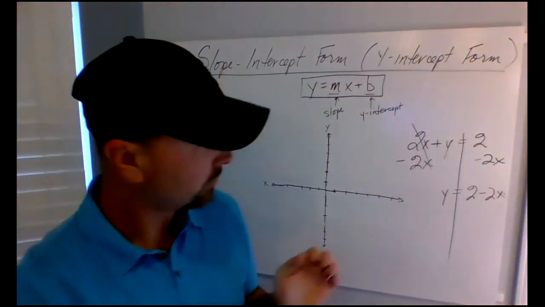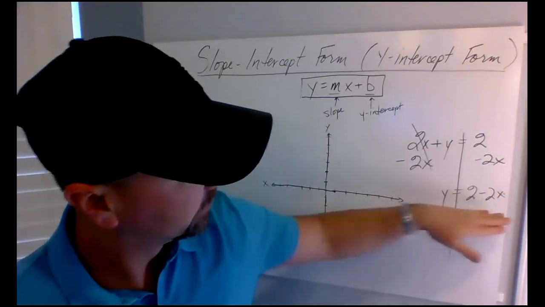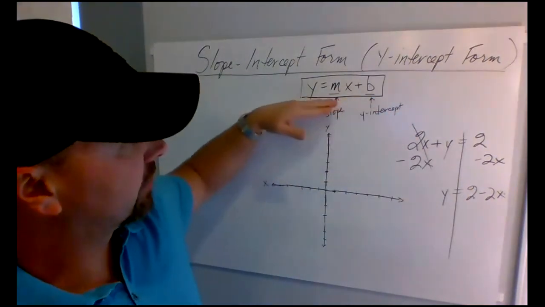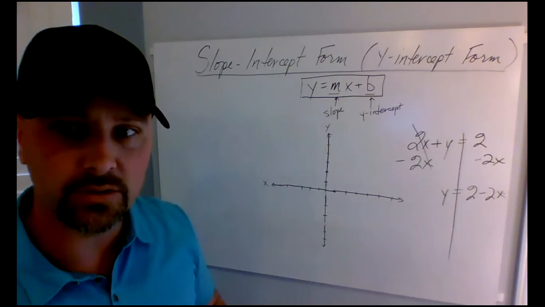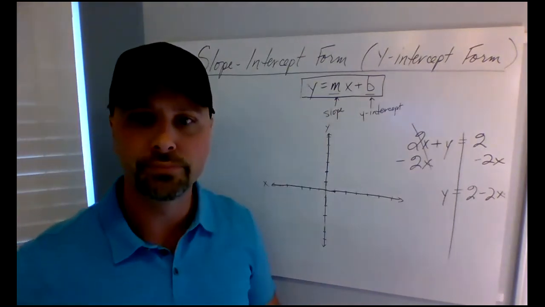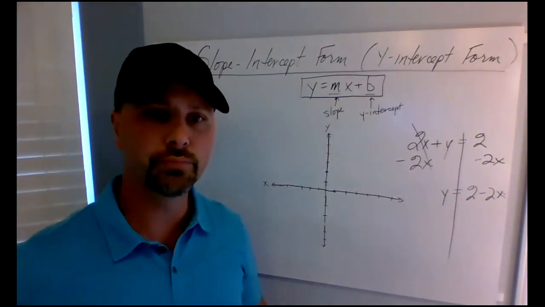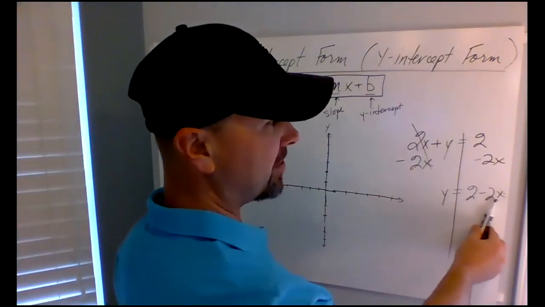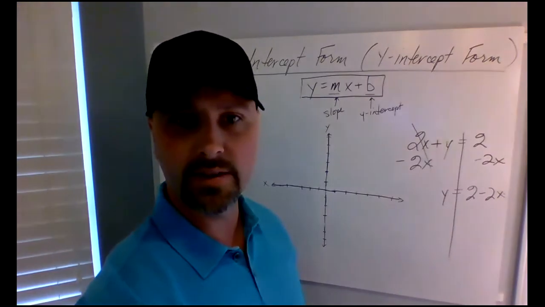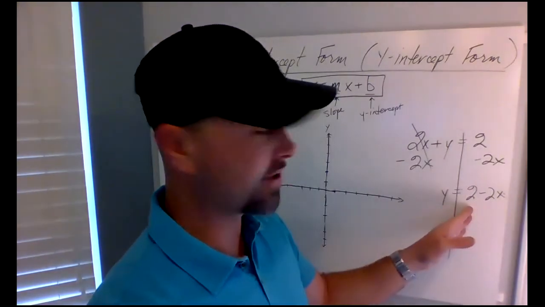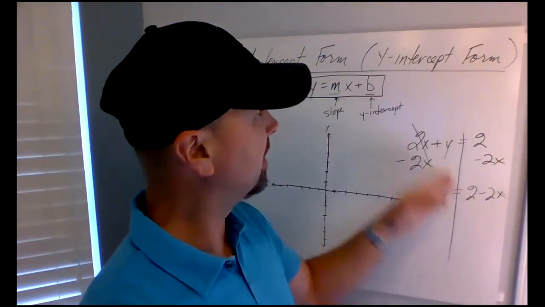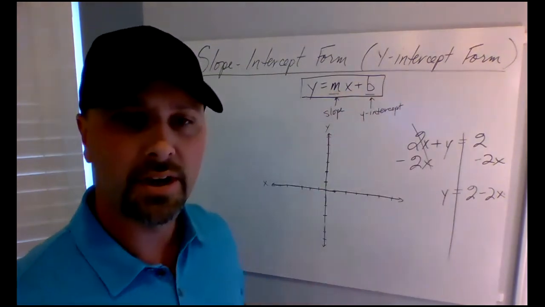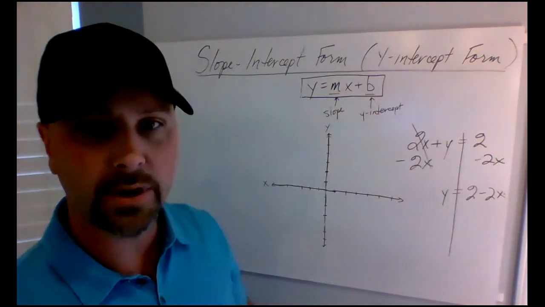Take a look at this, and then take a look at what it should be in. Do you notice anything? What you may notice is the number attached to the x is at the end, and just the whole number is at the beginning. It's the opposite order from what's written up here.